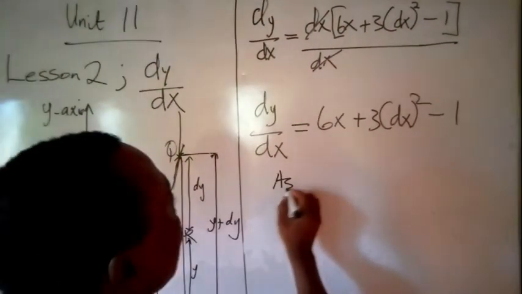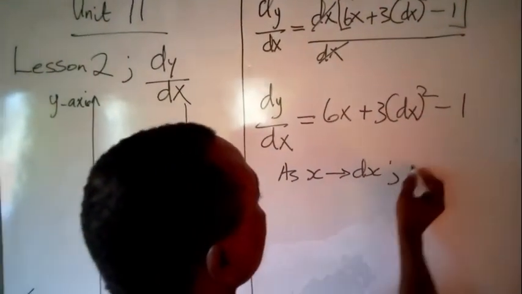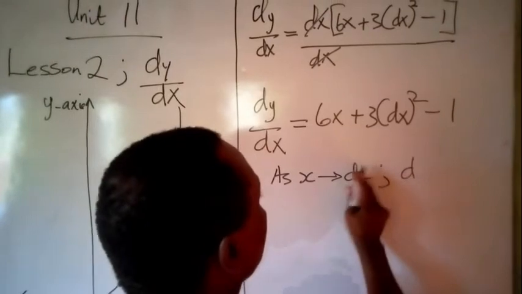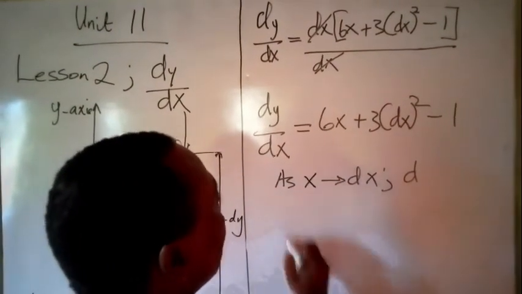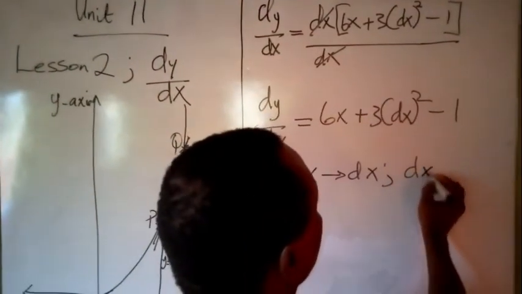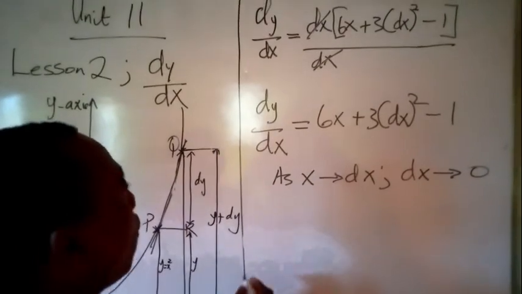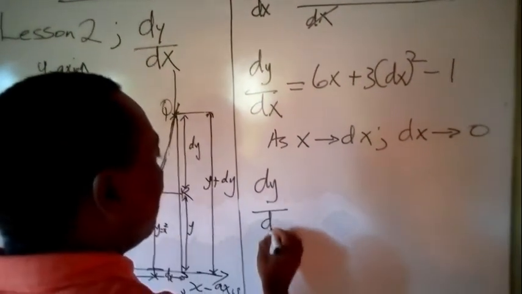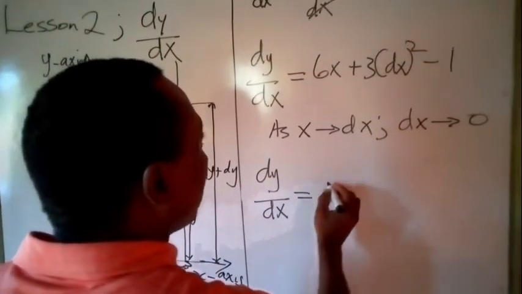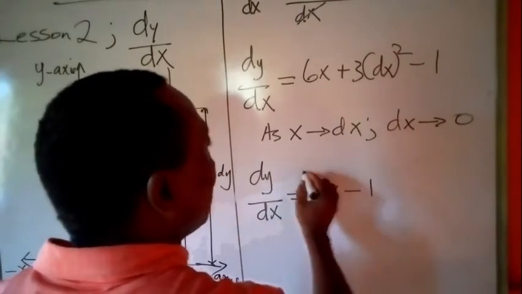So as dx tends to 0, therefore, dy dx is equal to 6x minus 1.